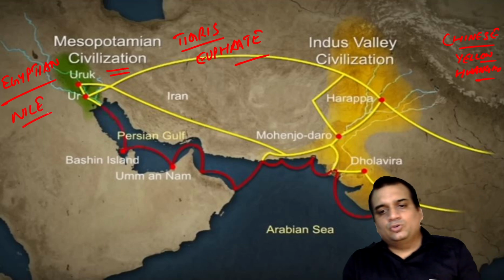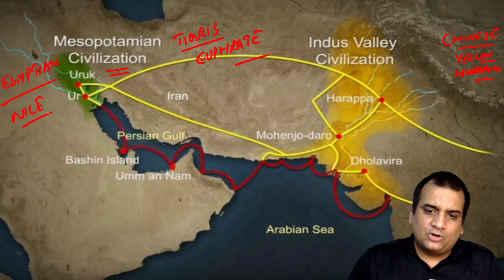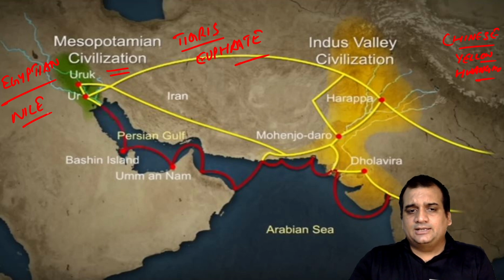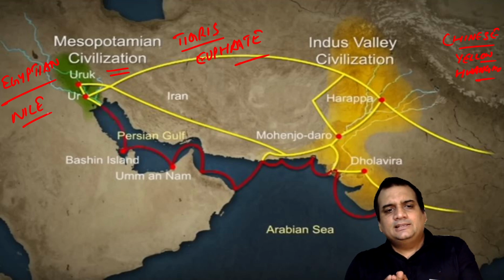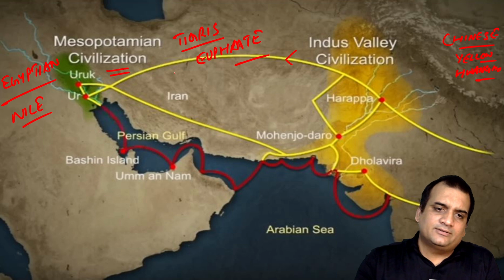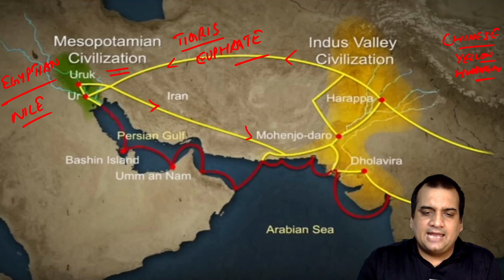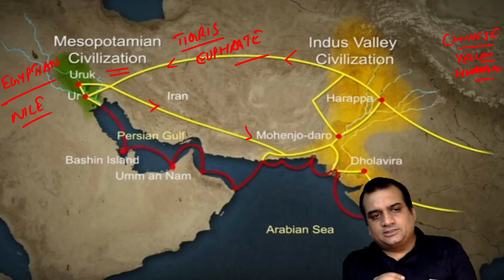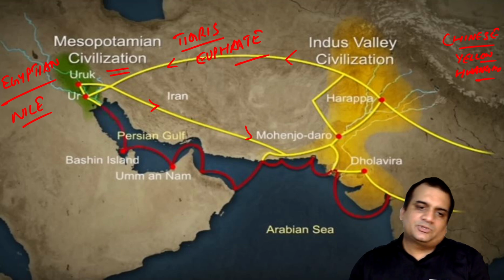This map is telling us that there were trade relationships between the Indus Valley civilization and the Mesopotamian as well as the Egyptian civilization.